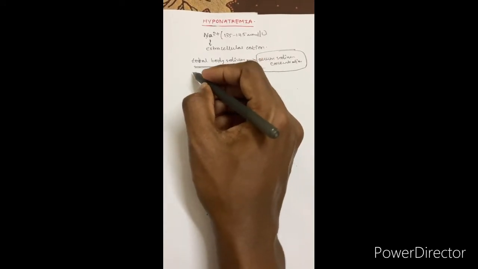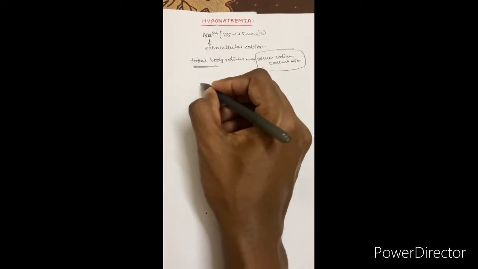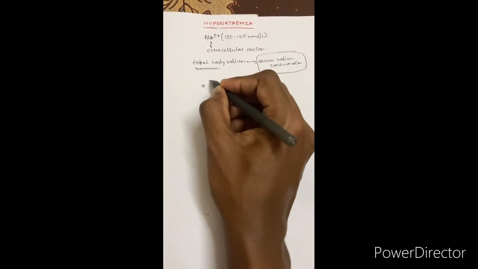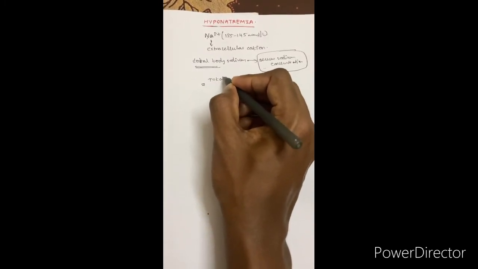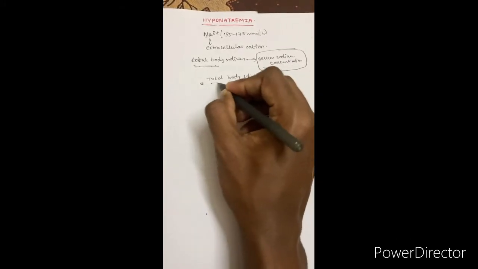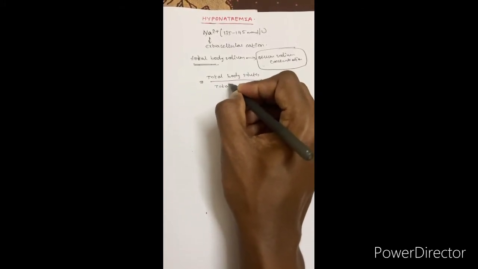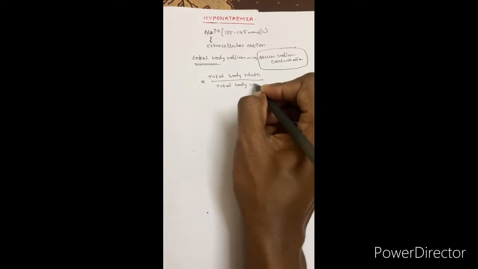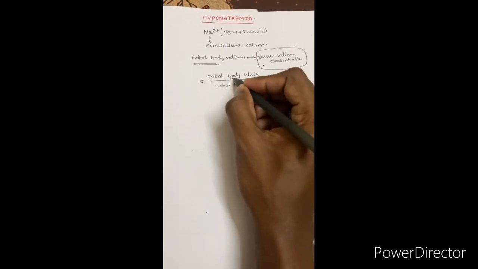That's why it is defined as the ratio of total body solutes to total body water. Total body solutes means your sodium and potassium.